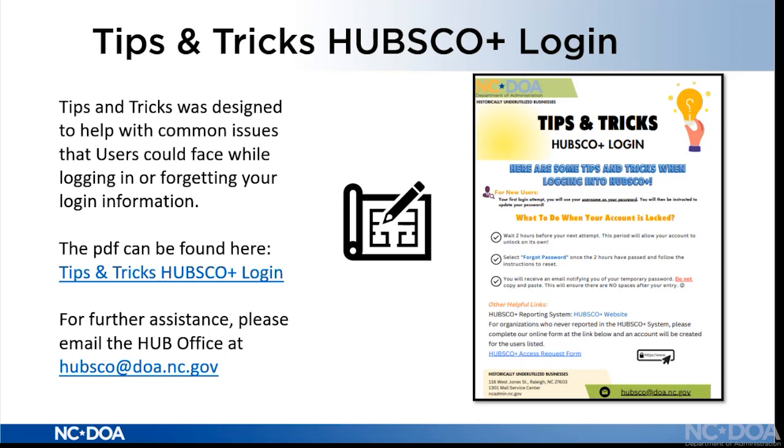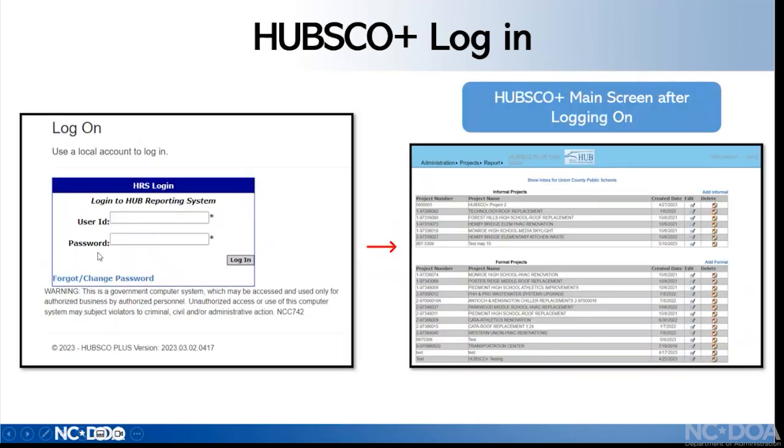Now we have a different security feature where only the person who is trying to log in can request a new password, using forgot password. I'll go back a couple of pages here. On this login screen at the bottom, there's a forgot change password link.